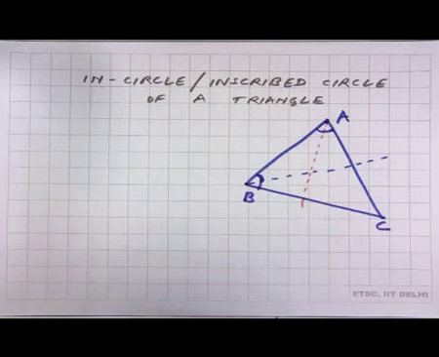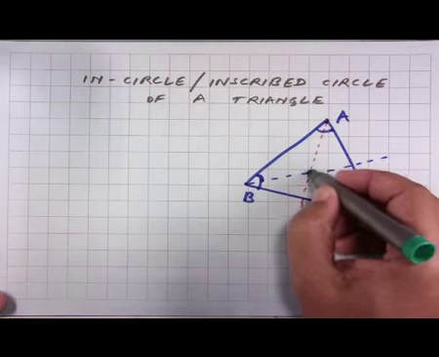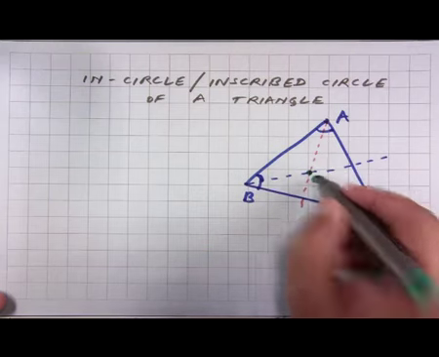Both these angular bisectors are going to intersect at a point, let us say here, and I will mark it as O.